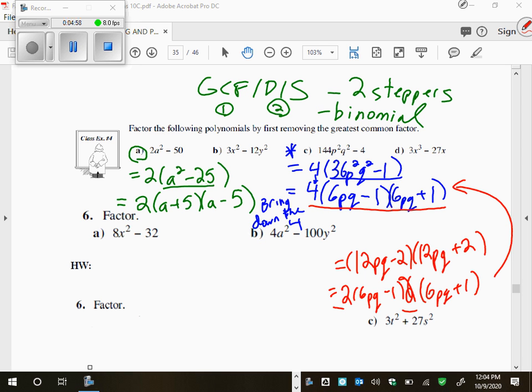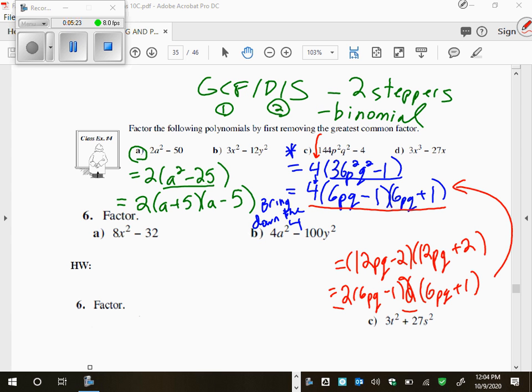The problem is nobody does that. 99% of students who square root it right away go on to the next question. So don't do it. Take a 4 out if you want your full marks 99% of the time. If you do this, I'll give you full marks, of course, if you end up with 4 times 6p subtract 1 times 6p plus 1.